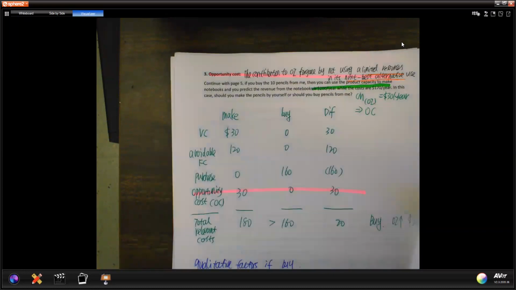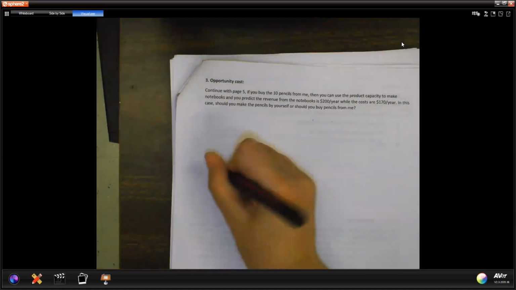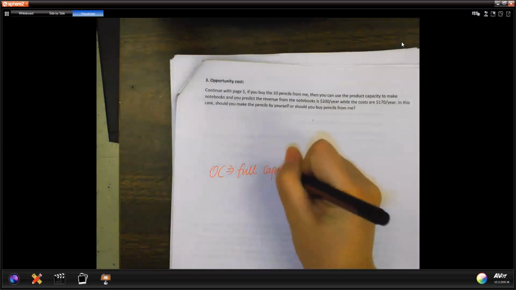Okay, so that's the concept of opportunity cost. It's something you give up because you want to do this, so you cannot do that. We also said that you only have opportunity cost when you work at full capacity.